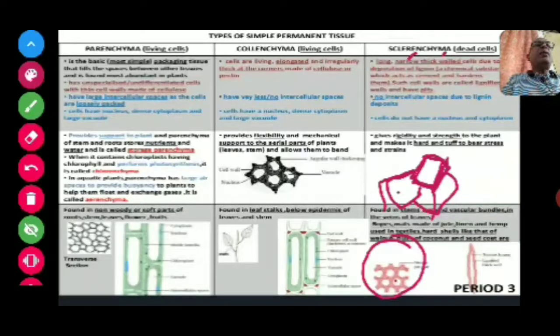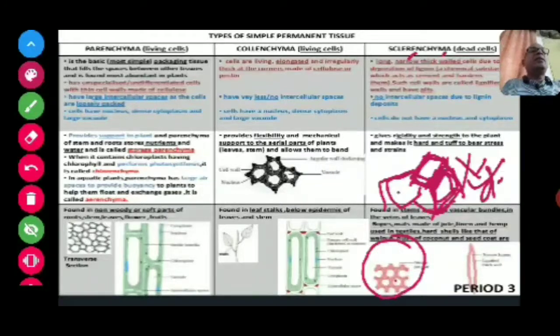Lignin is a chemical substance which acts as a cementing material and hardens the different types of cells of the sclerenchyma. No intercellular spaces are present due to lignin deposition, and the cells do not have a nucleus and cytoplasm. That's why they are termed dead cells.